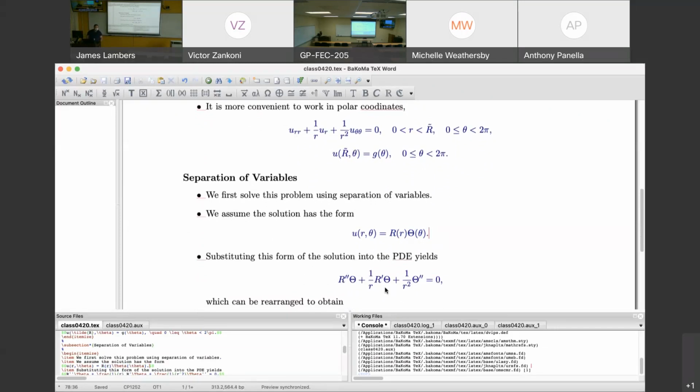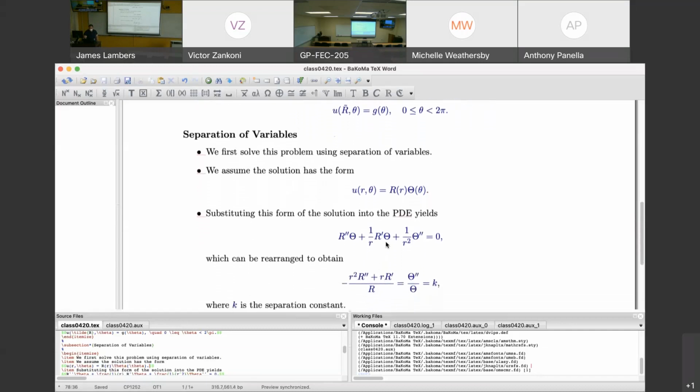We want to rearrange this equation so that we have a function of only little r on one side and a function of only little theta on the other side. So algebraically manipulating this, we wind up here, and that goal has been achieved.